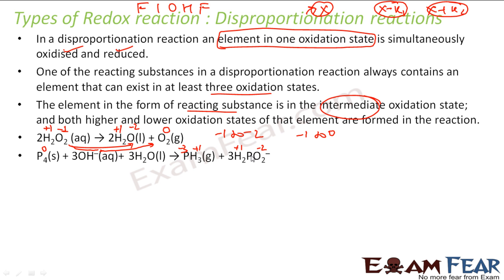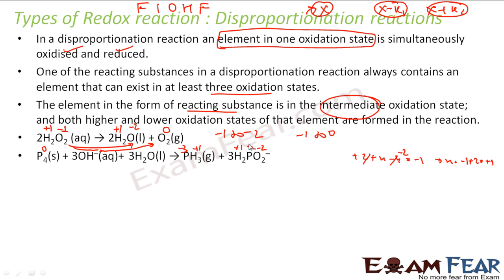So oxygen gives -4, and let phosphorus be X. So this becomes +2 plus X minus 4 is equal to -1, right? So you get X as +1.